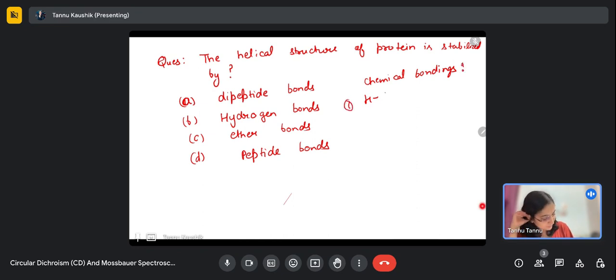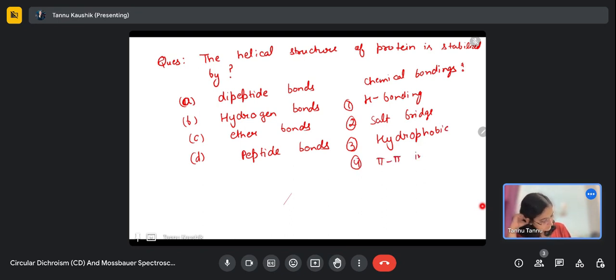First is hydrogen bonding, second is salt bridge, third is hydrophobic bonds, fourth is pi-pi interaction, and fifth is weak interactions such as van der Waals interactions.